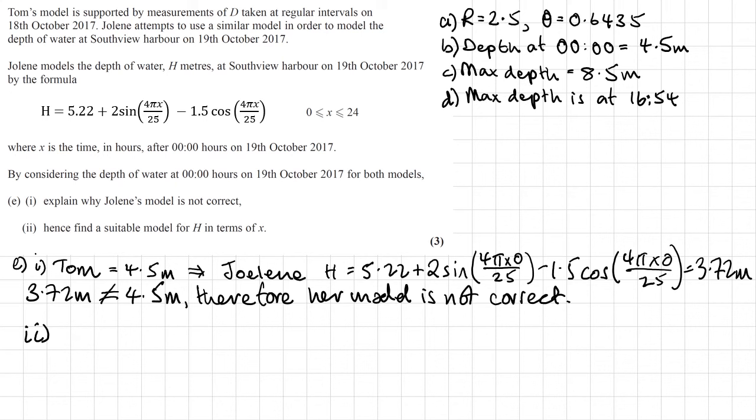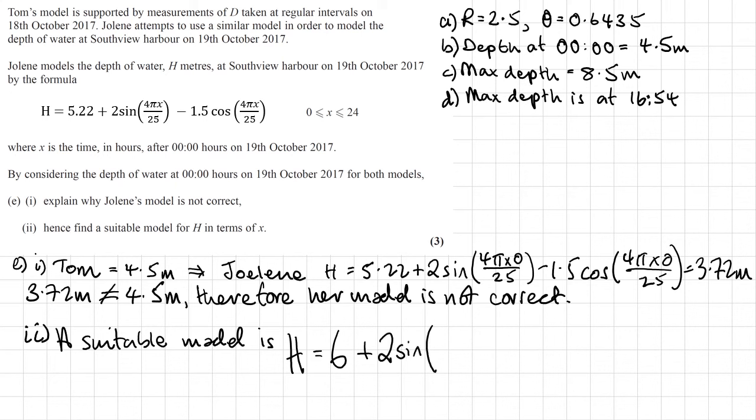So we could say a suitable model is, because we're trying to find one for the next day, H is equal to, now his model started with 6, and then it was 2 sine, and then it was 4 pi t.